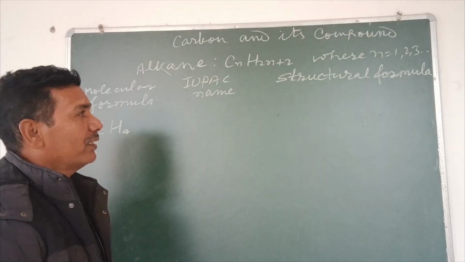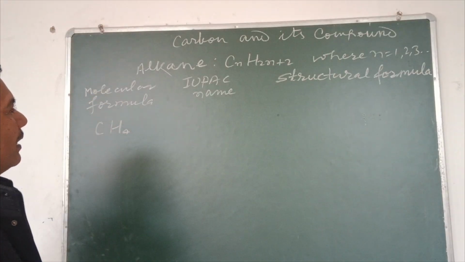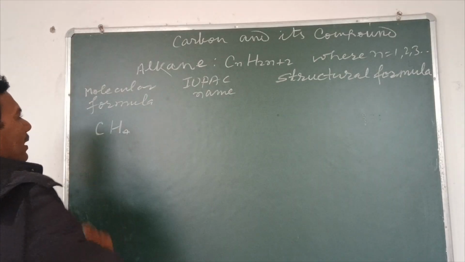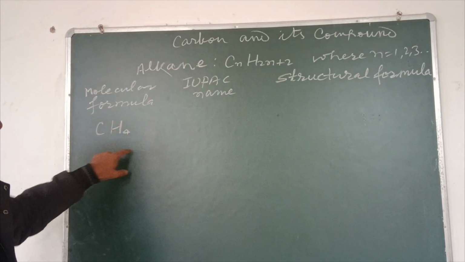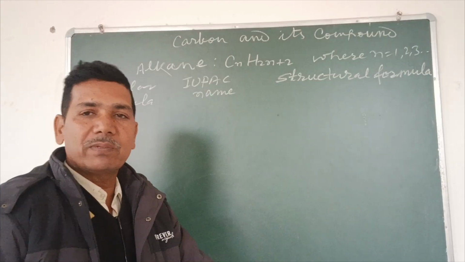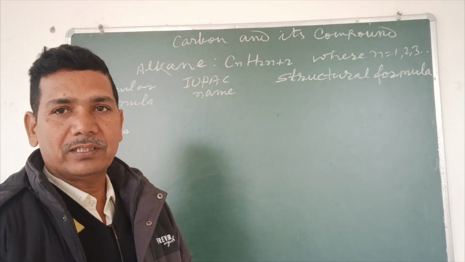Its IUPAC name will be given by the group name alkane. The number of carbon atoms in this molecular formula is 1, and the counting in chemistry for 1 is meth.